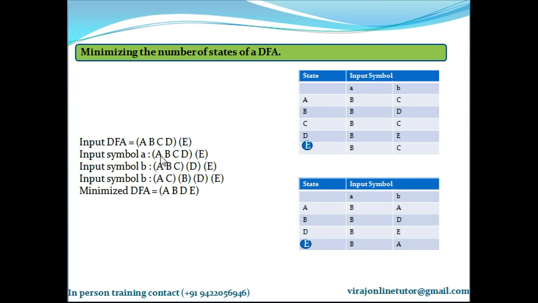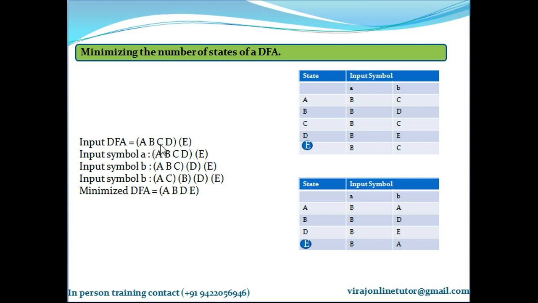Okay. So on input symbol a, all these states don't go to a different group. I'll explain all this again. I have A, B, C, D as the non-final states. Capital A on input symbol small a goes to B, which is in the same group. So no operation.